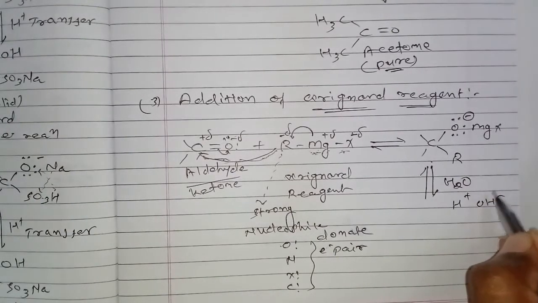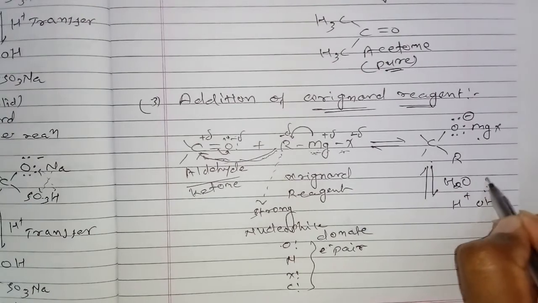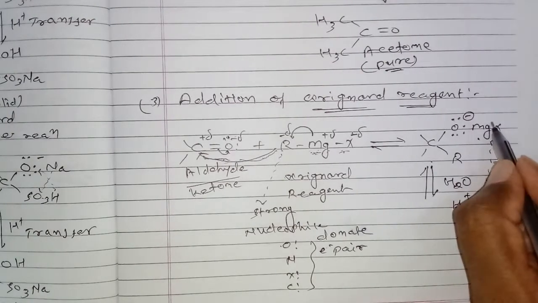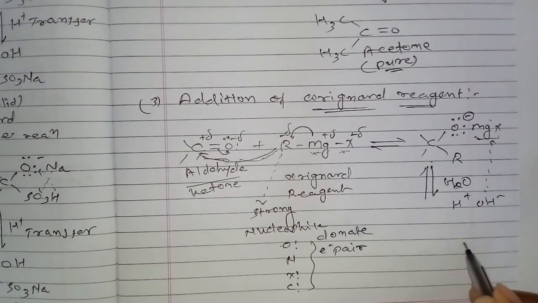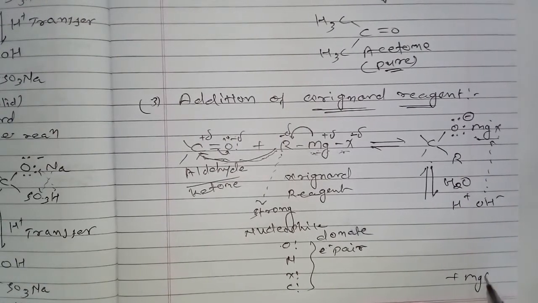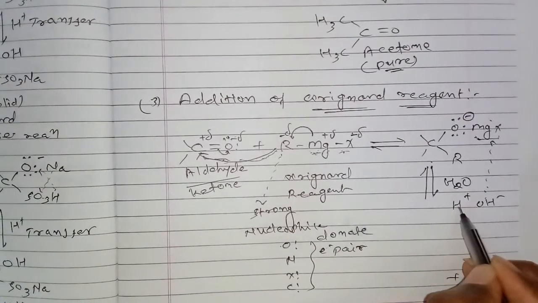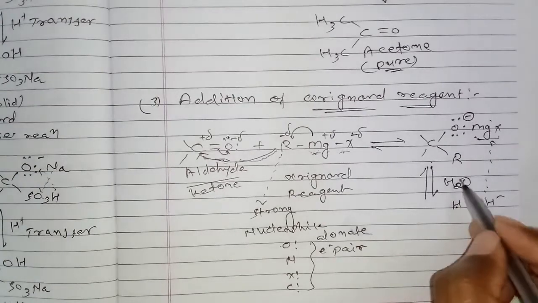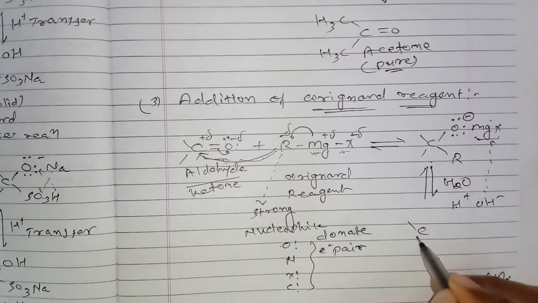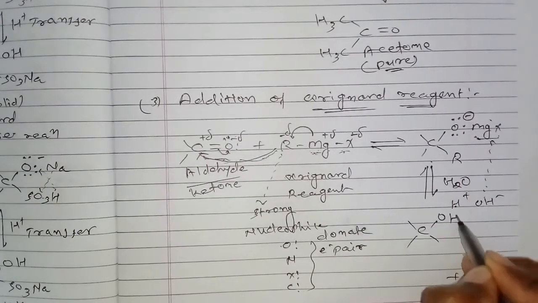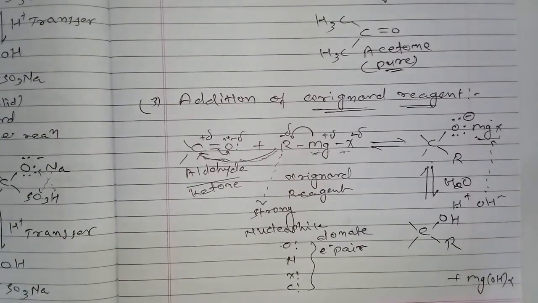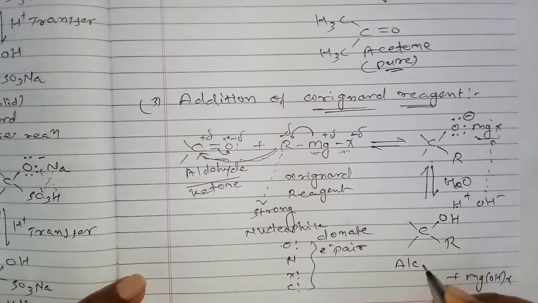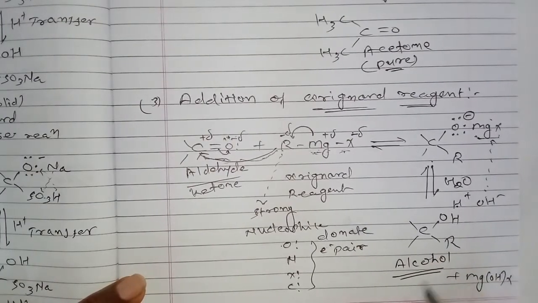OH minus will bond to the MgX and form MgOHX, and H will be attached with the oxygen, giving OH and R, and the alcohol is formed.